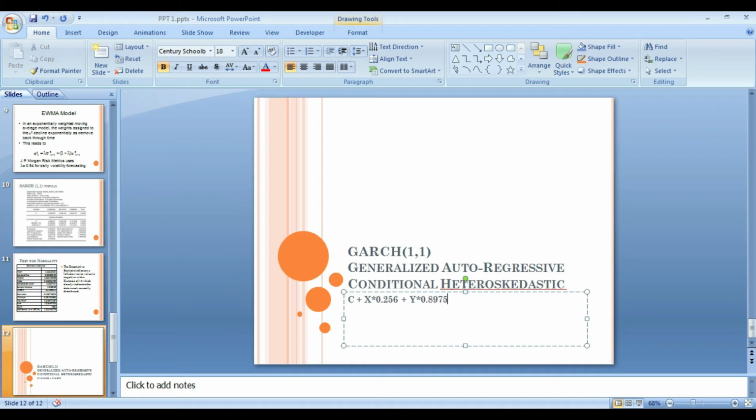So that's how a normal regression equation looks like.